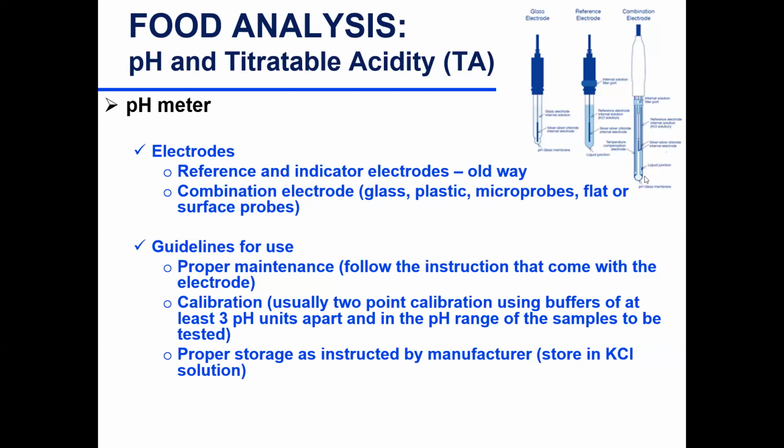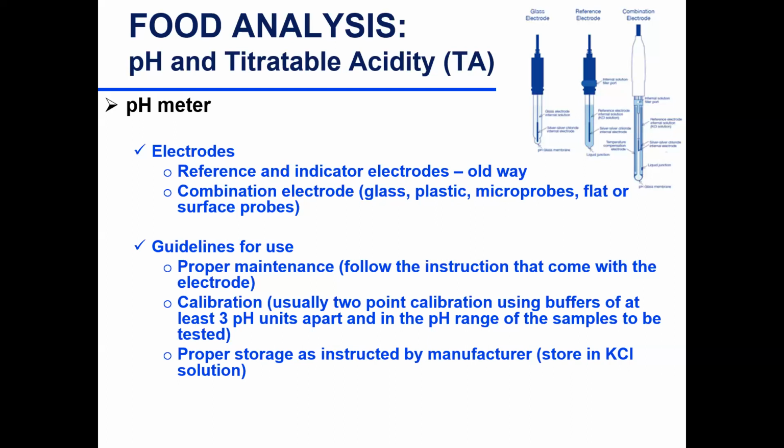So, a guideline to use the pH meter. You already, I think, used it. Not I think, for sure you've used it in lab 3 when you were preparing the buffers. The first thing you want to do is make sure that your pH meter is calibrated.